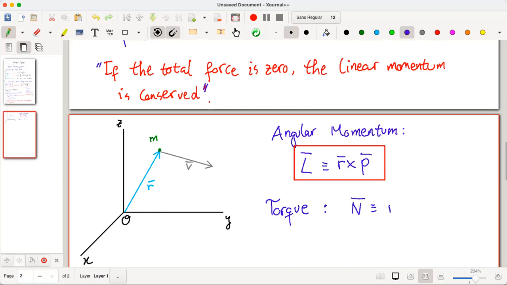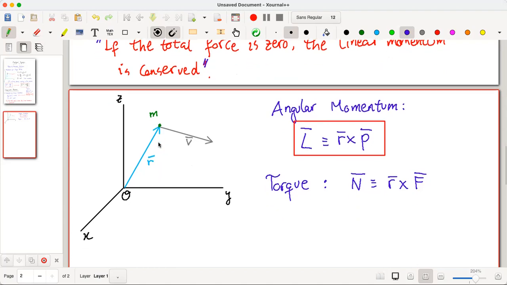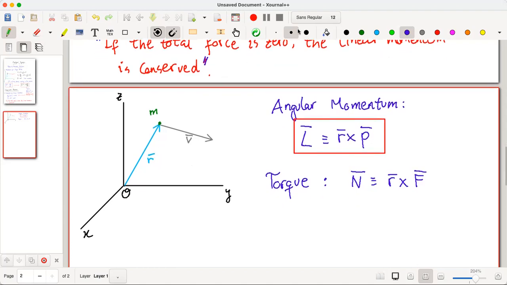N is given by the cross product of r and not p but F. So F is the force. For example, if this object is subject to a force along this direction, then there exists a torque that works on this object here. But now, from the definition of torque, I can elaborate further.